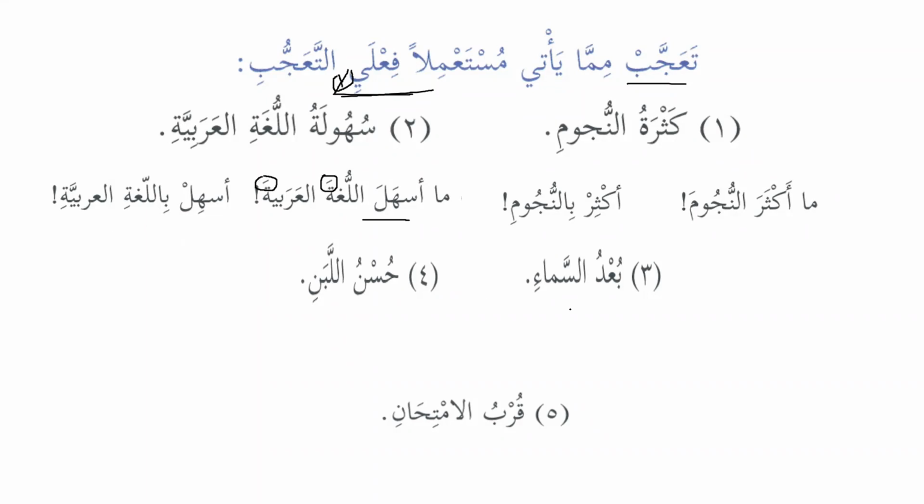Ba'du samai, the sky is far away. So we want to say how far the skies are. Ma ab'ad as-sama'a, right? Excellent. Perfect. And then it will be ab'id bis-sama'i. And the meaning is the same, how far the skies are.